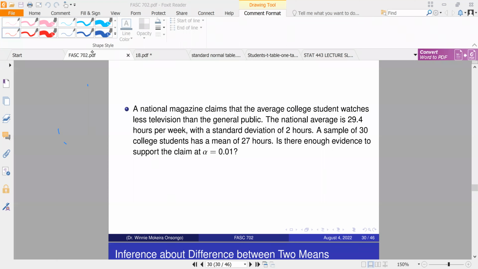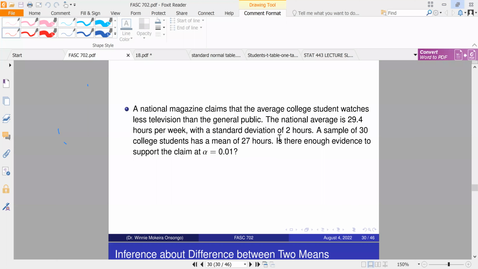That is the question. Now, in this particular case, first of all, I think this question is misplaced because we are asking if there is enough evidence. In this case, there are two things.